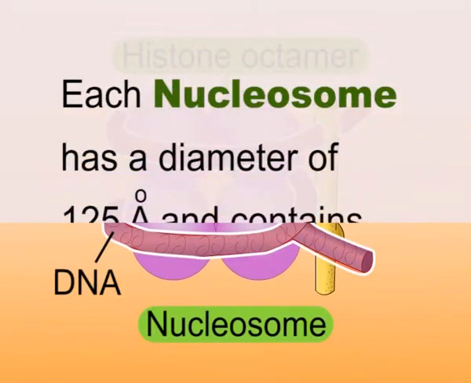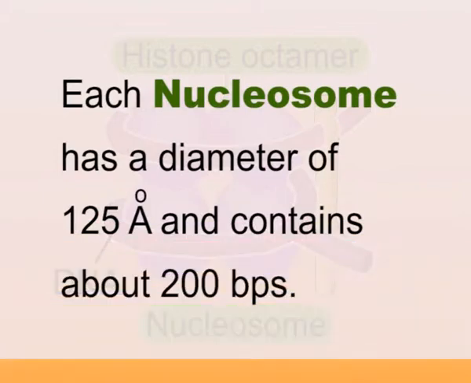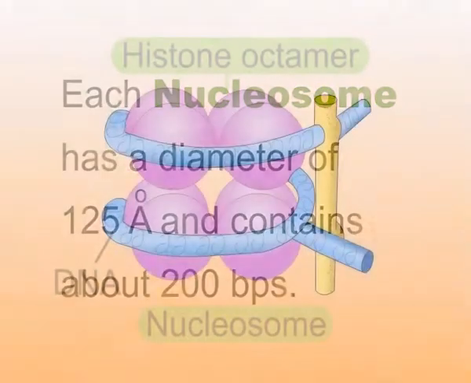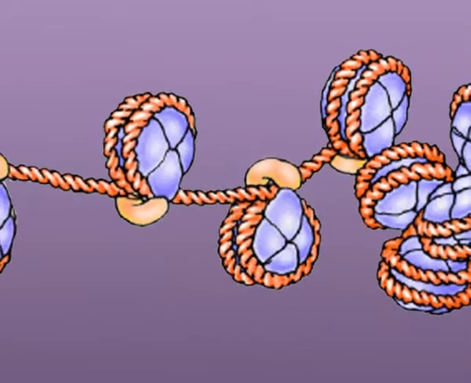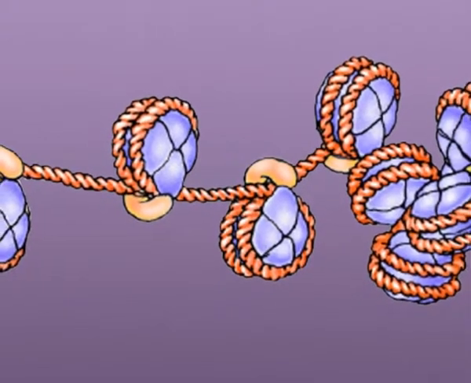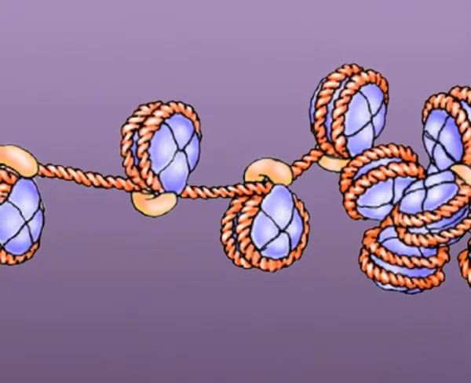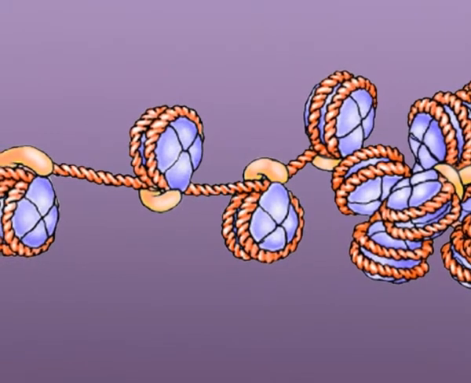Each nucleosome has a diameter of 125 Angstrom and contains about 200 base pairs. The nucleosome is the first stage of DNA contraction.